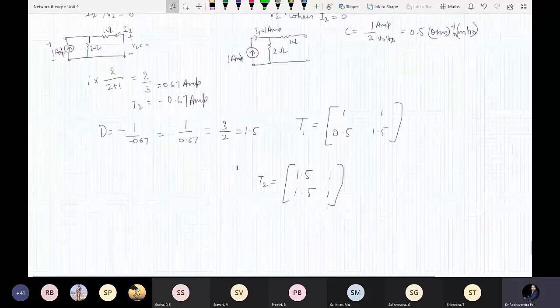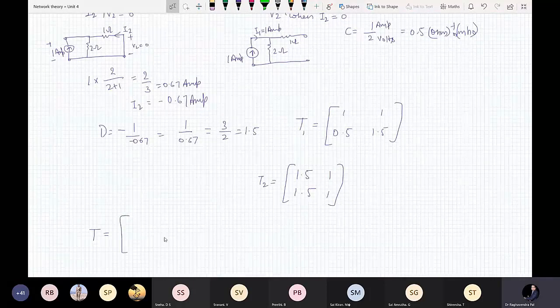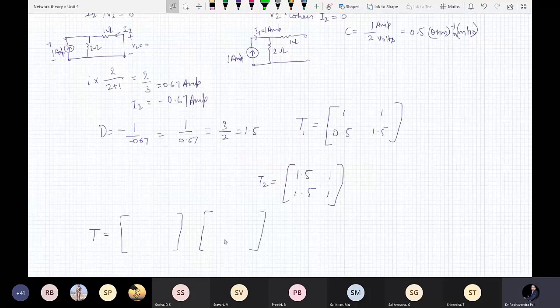Now the main reason for this question is, what is the total value of T parameters when it is in cascade mode? That is equal to T1 and T2 matrix multiplication. So 1, 1, 0.5, 1.5 and 1.5, 1, 1.5, 1.